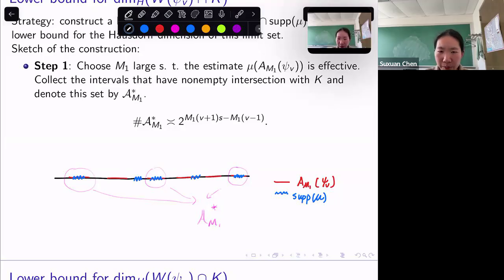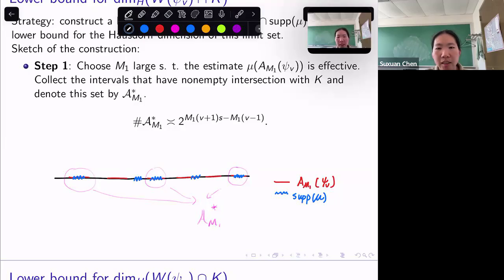So recall we defined this before. They are intervals, and we take those intervals in A sub M1 psi V that have a non-empty intersection with the support of mu. So the first one, the second one, the third one, and the sixth one.